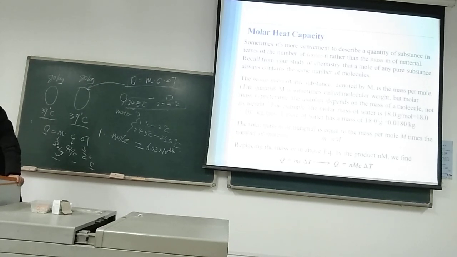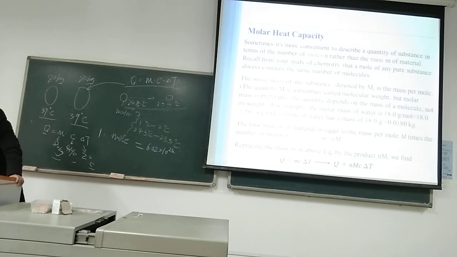The molar mass of any substance, denoted by large M, is the mass per mole. The quantity large M is sometimes called molecular weight, but molar mass is preferable. The quantity depends on the mass of a molecule, not its weight.